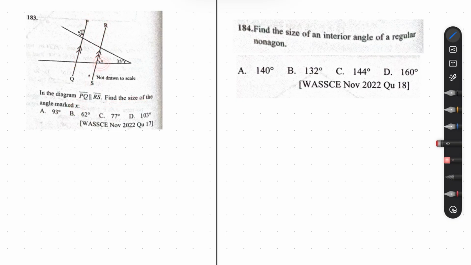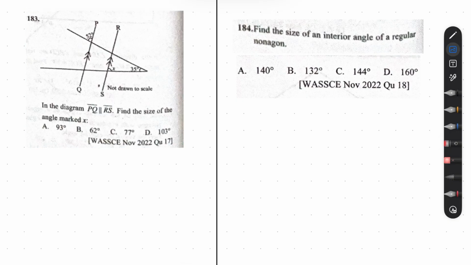But before we can find X, we need to do a couple of things. Since these two lines are parallel, we can have corresponding angles. So this angle here corresponds to this angle, right? Similarly, this angle right here is the same as this angle because they are vertically opposite.